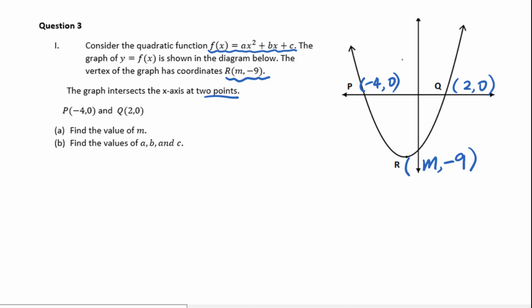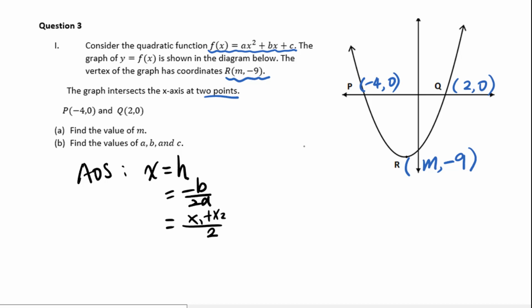According to the axis of symmetry, AOS, that is x equals h, or x equals -b over 2a, or you have x1 plus x2 over 2. For x1, x2, that's the roots.